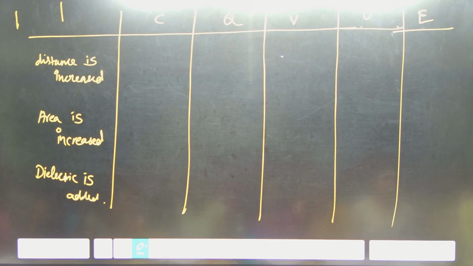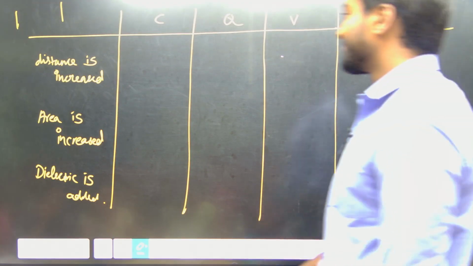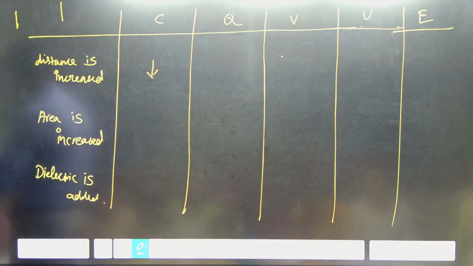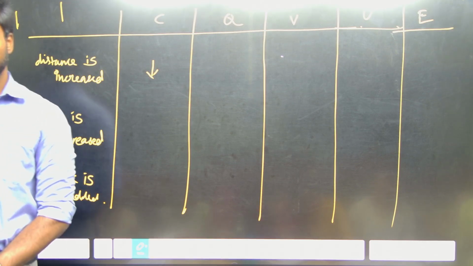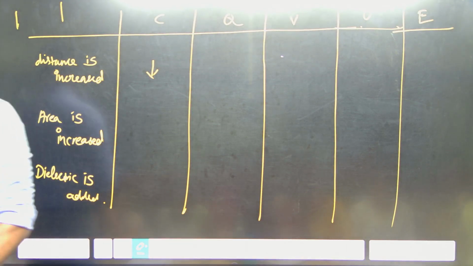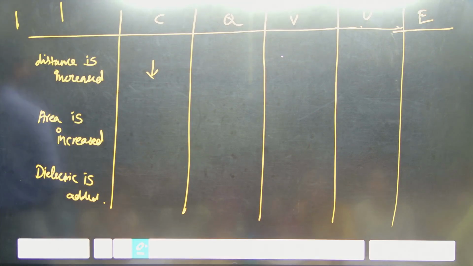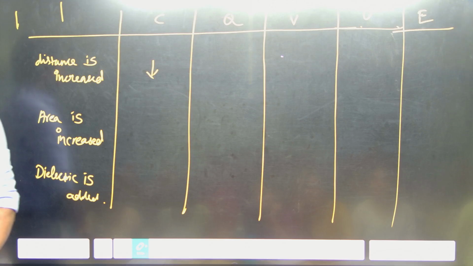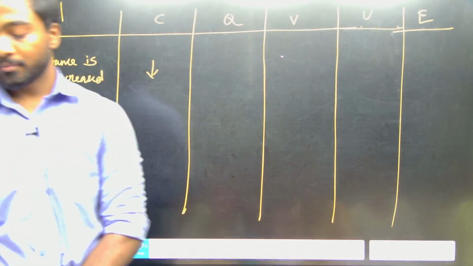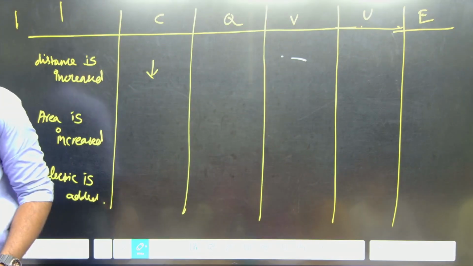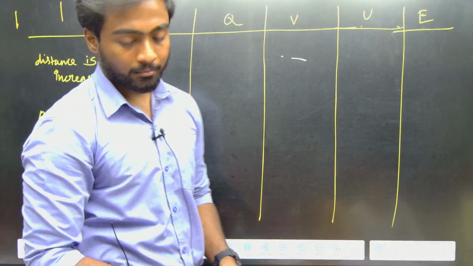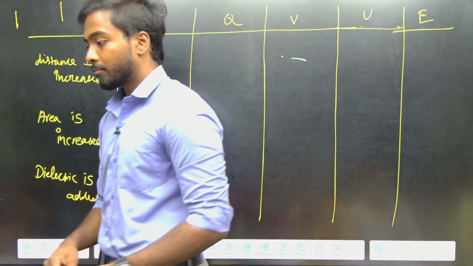Okay, if distance is increased, capacitance will decrease, Q also will decrease, potential will remain constant, U will decrease, E also will decrease.